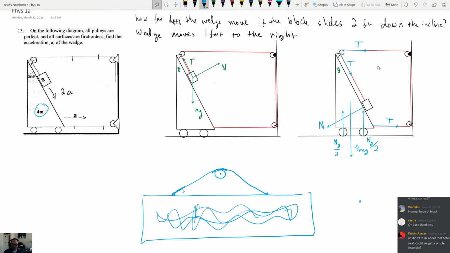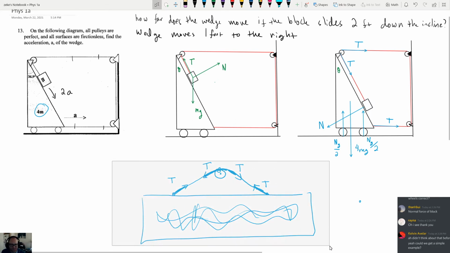Now, there's no doubt that you'd say that there's some kind of tension in this rope here. There'd be some kind of tension in this rope here, right? But you'd also have to have tension pulling down on the pulley at the top, like this. That's kind of what's going on. It's like these two cables are hanging off of the pulley, basically. Does that help to make sense of it?